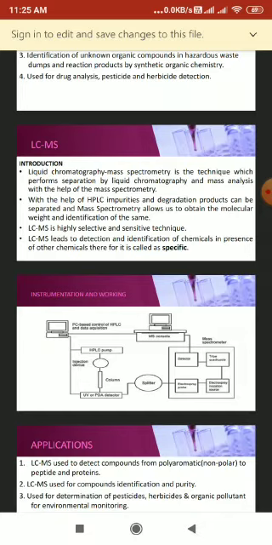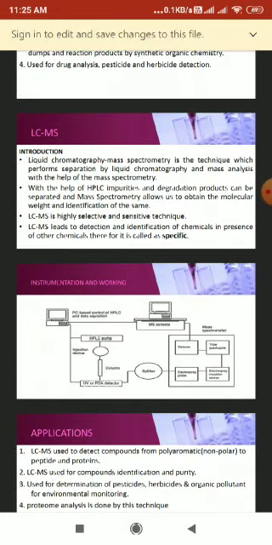LCMS is mainly separated into three parts: chromatography, interface, and spectrometry. In liquid chromatography, separation is performed, which is detected with the help of photodiode array, ultraviolet, fluorescent detectors. These separated components are then transferred to the interface.